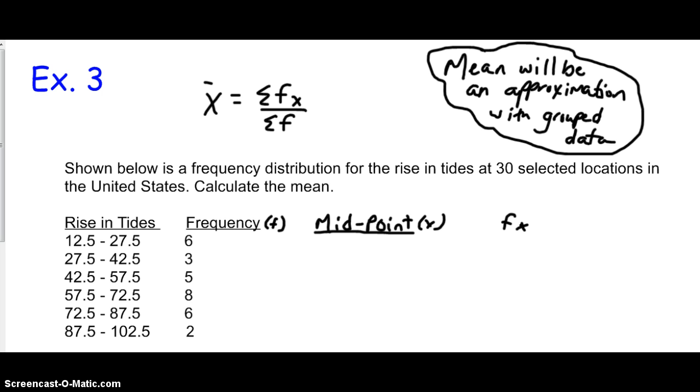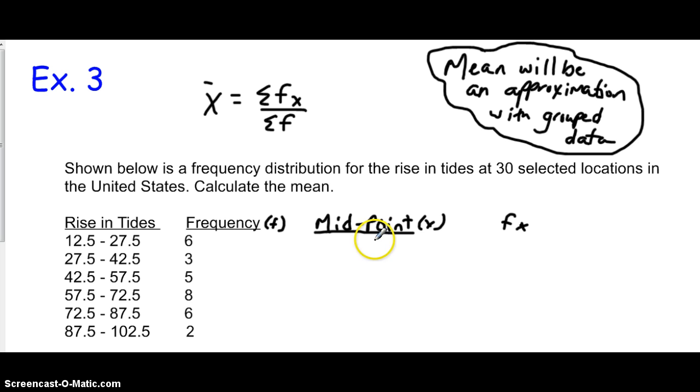Okay, so anytime you're not given your exact data, you will have to be estimating your mean. So we don't know each data point, all we know is the frequency. So what we're going to do is be taking the midpoint, the average. That's the best way to estimate the mean here.